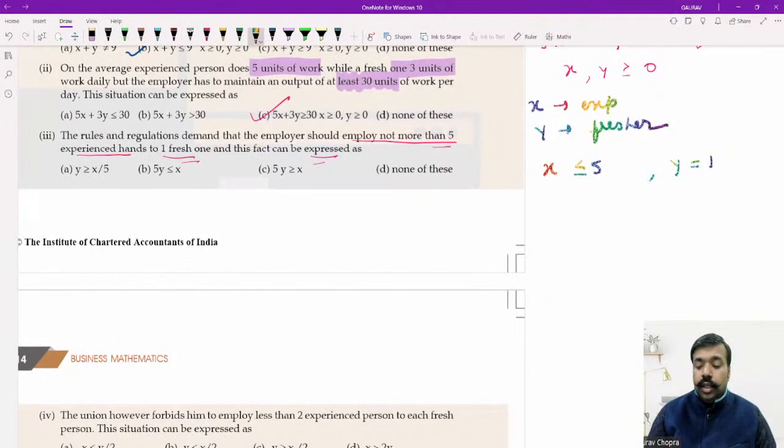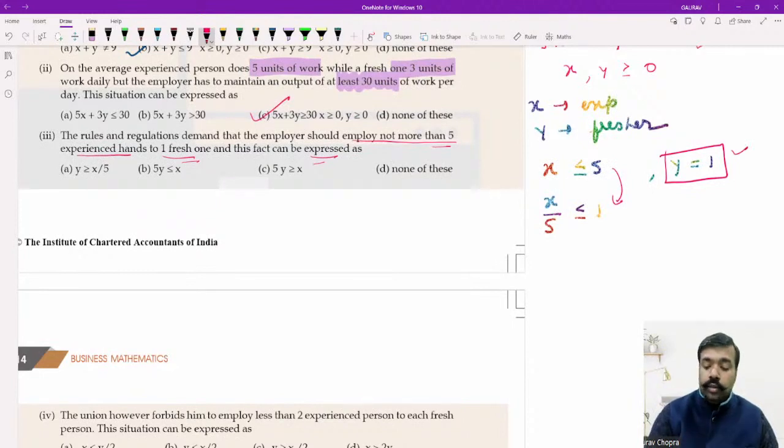All right. Now what we can do, if we divide 5 on both the sides, we will get X upon 5 less than equal to 1. Simply, we have taken 5 on the other side. Now, in place of 1, we can write it as Y, because Y is equal to 1.